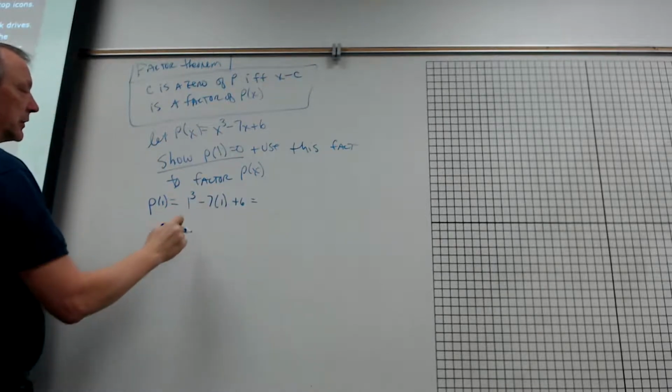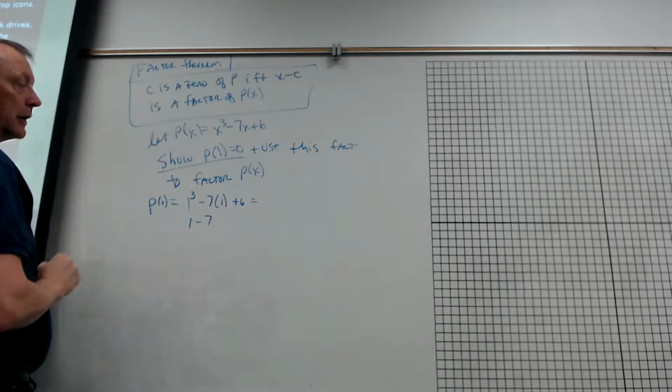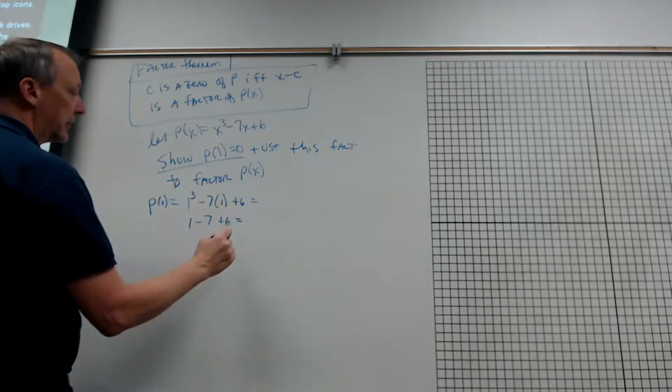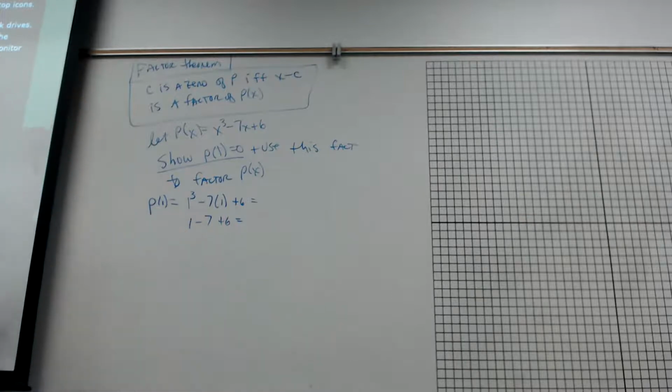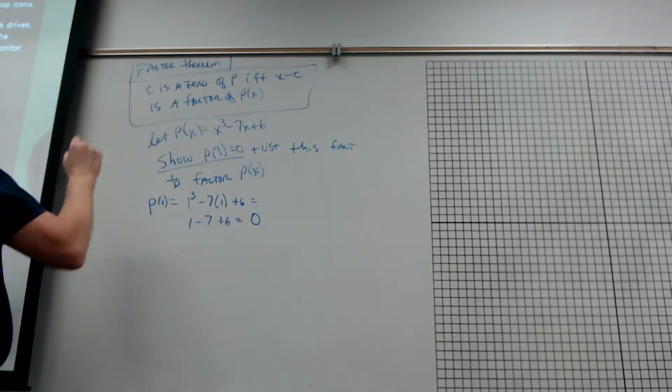So 1 cubed is 1 minus 7 plus 6 equals... 1 minus 7 is negative 6. Negative 6 plus 6? 0. Okay. That was cool.